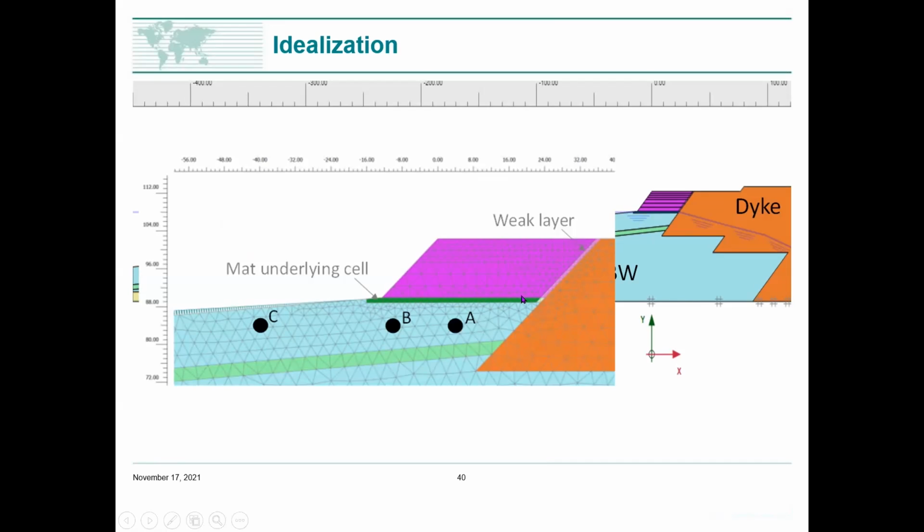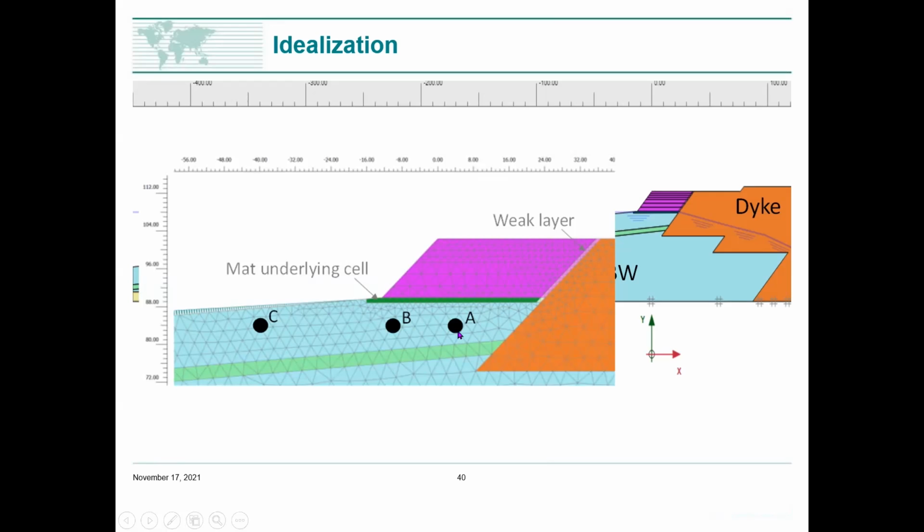We call that a mat. So we put a little bit of a mat in there because we felt that was needed to make the construction sensible. We also wanted, you've seen Bob Hardy's sketch of the failure, and it drops vertically. We wanted to get a weak layer in there to try and make sure the thing dropped properly.